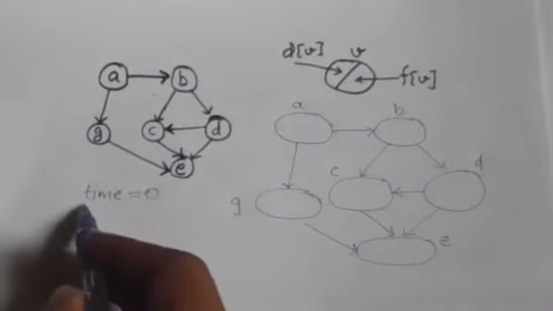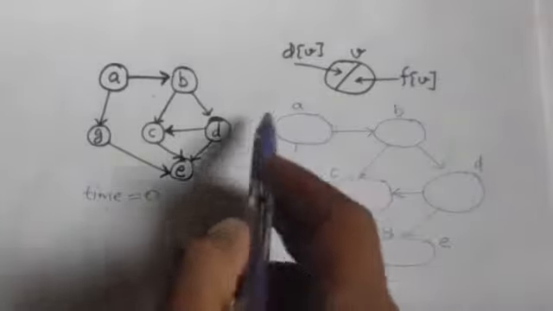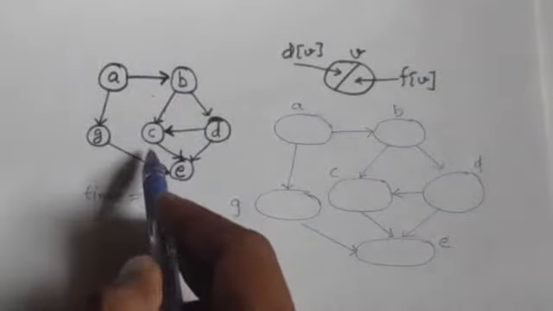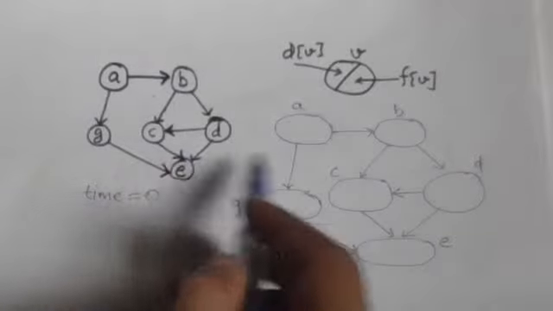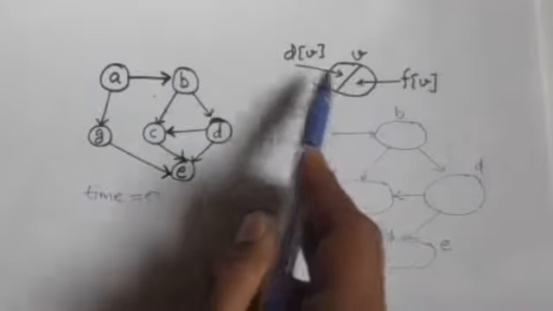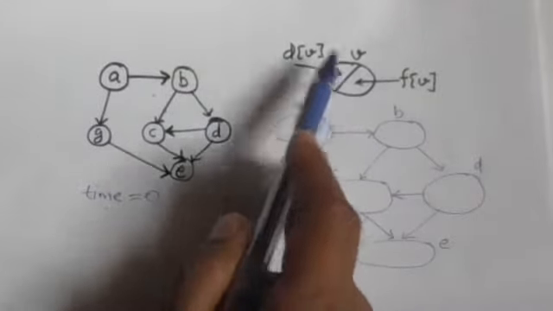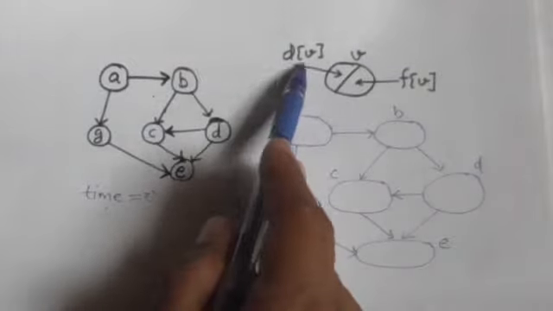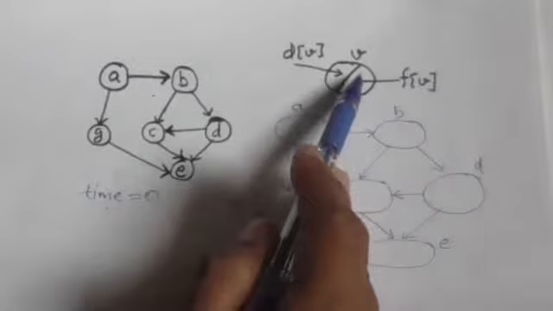And value of variable time will be 0, right? So in depth first search traversing of this graph, here I have partitioned each node of this graph into two parts, right? First part will store the discovery time of the vertex, and second part will store the finishing time of the vertex.